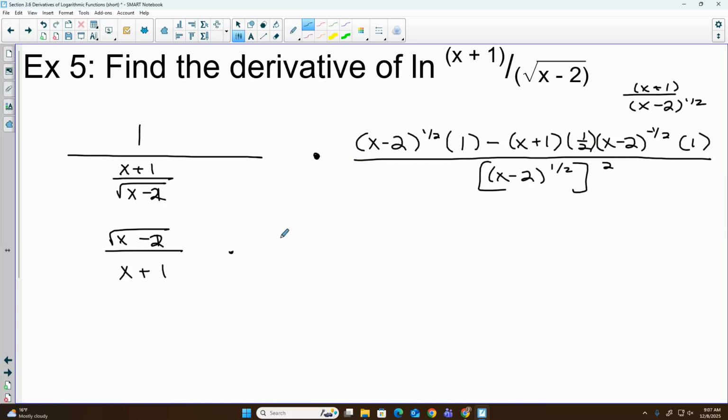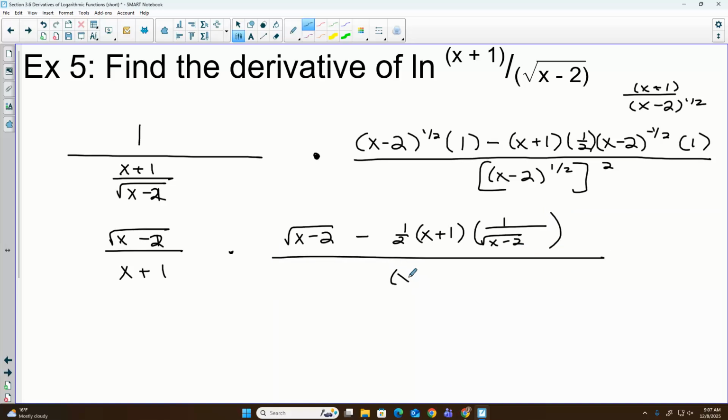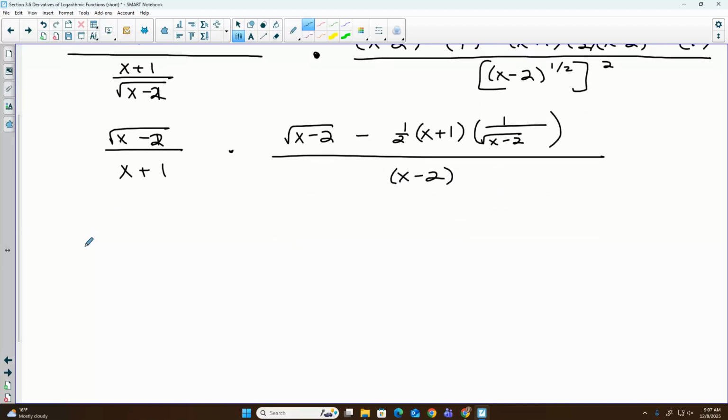So the square root of x minus 2, minus 1/2 (x plus 1) over the square root of x minus 2, over x minus 2.